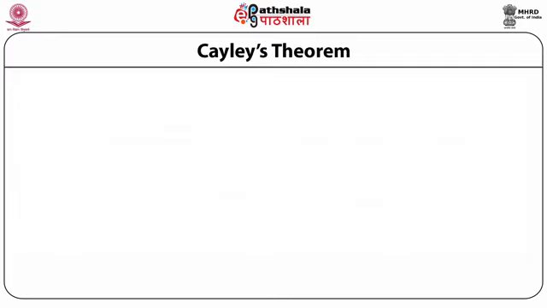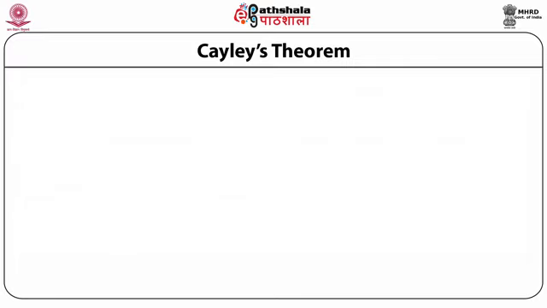It's one of the most important theorems in group theory. The proof of Cayley's theorem is quite involved and may be left for the first reading. So what we will do is state the theorem and just indicate how the proof goes without going through the complete proof.